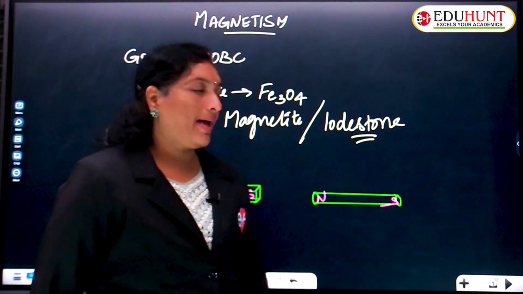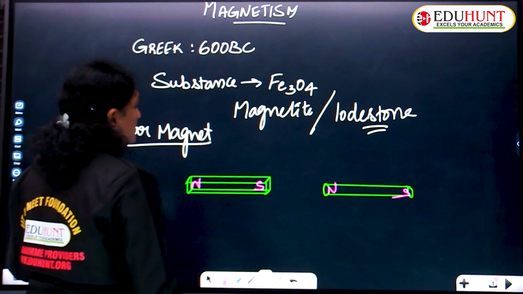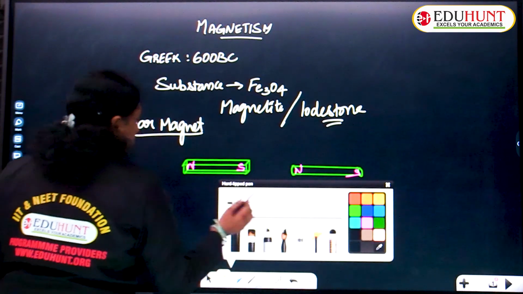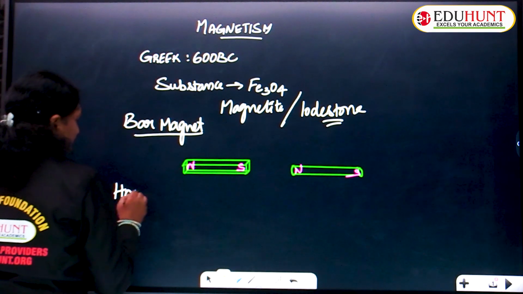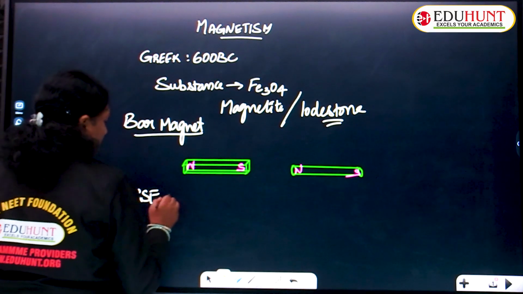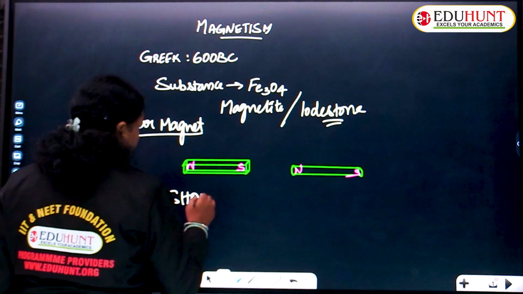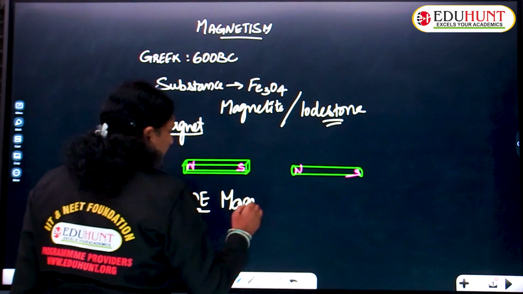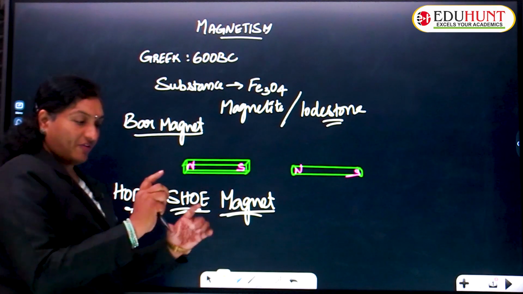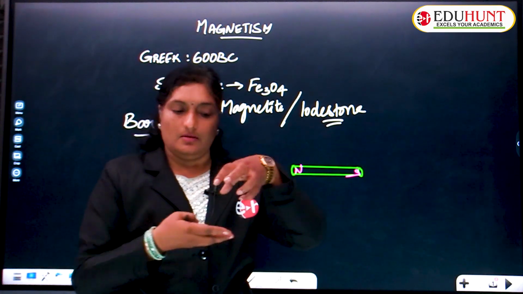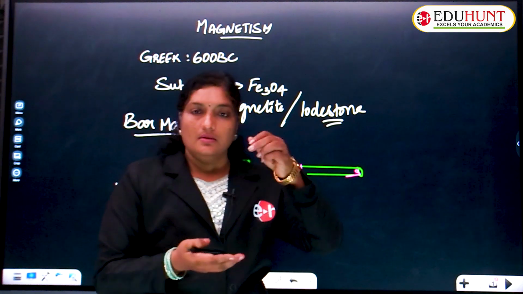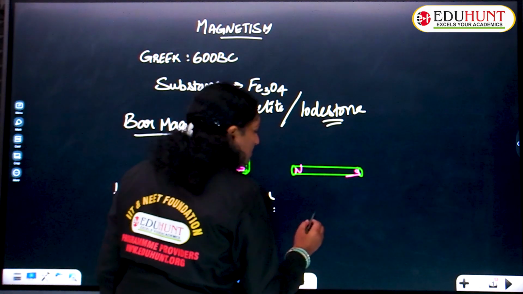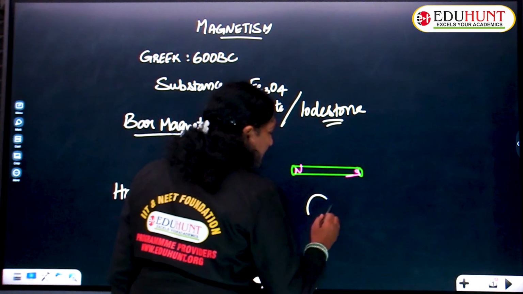The next set of magnets is horseshoe magnets. Let us discuss in detail how a horseshoe magnet looks. Did you ever observe the shape of a horse's shoe? The shape of the bottom of a horse's foot is something like this.